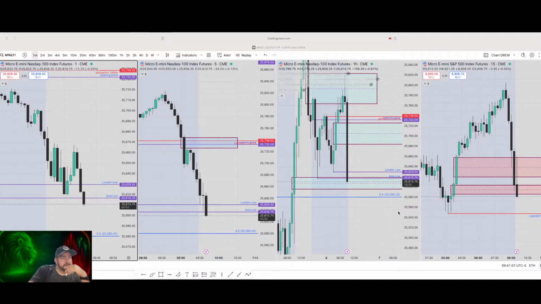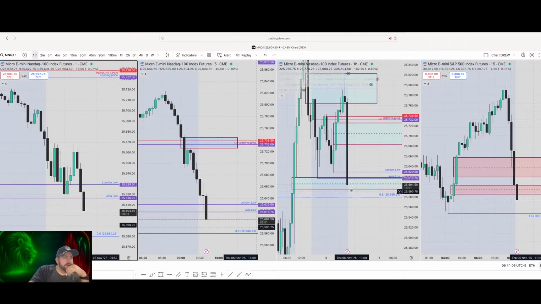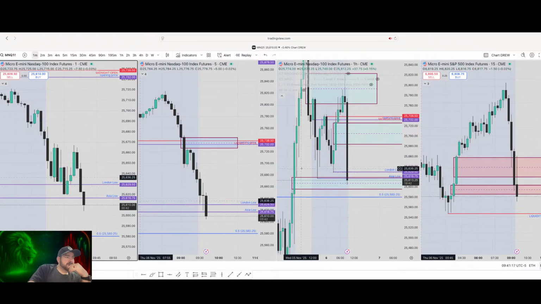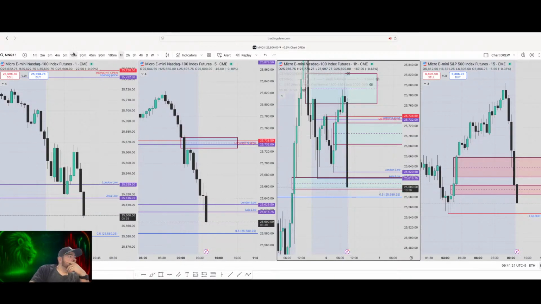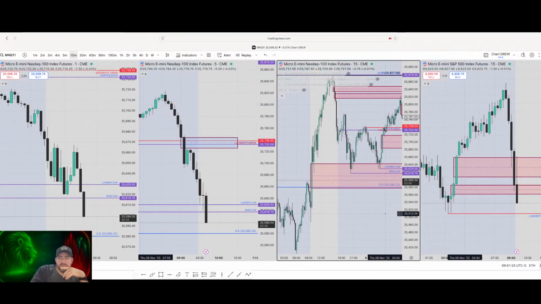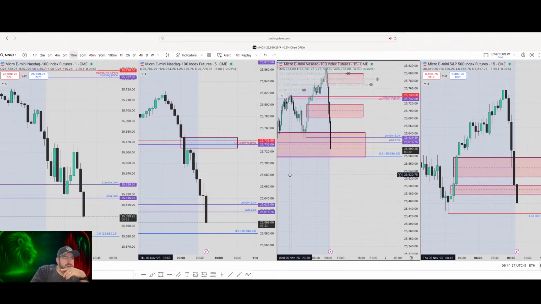There we go. Now we're in the 1 hour, deeper into the 4 hour. Still got liquidity over here on this one. We just took it out over here. Okay, so we're in the 1 hour now, deeper into the 4 hour.